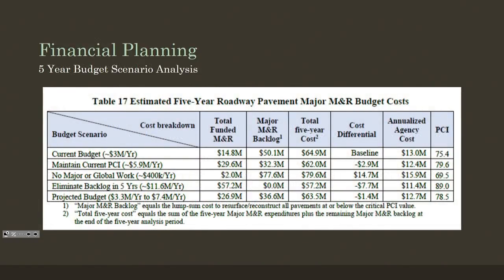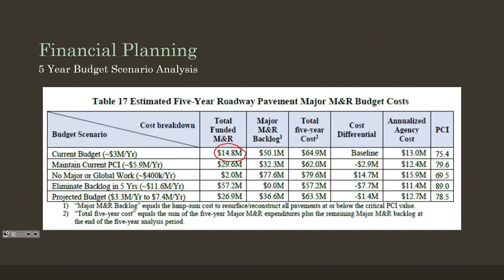So here's the breakdown, and I'll walk you through what some of this stuff means. It's a pretty important chart. We go by scenarios, so our base scenario is our current budget at $3 million a year. That's the top line. In 5 years' time, so it's a 5-year analysis period, we're going to spend about $14.8 million in our funding. Then we have the component called backlog.